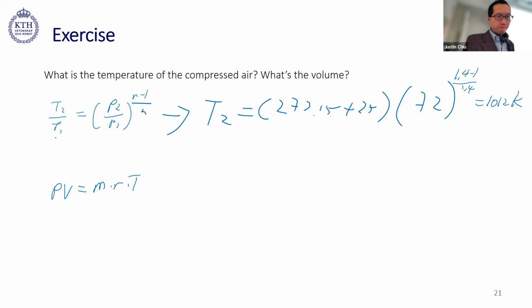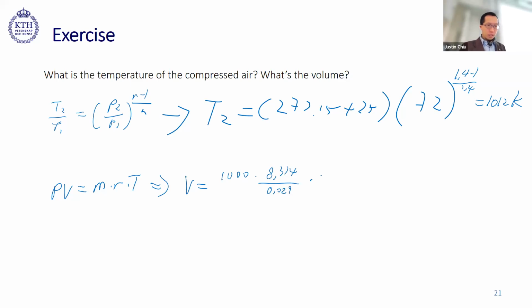So this one is for the temperature, the other one is for the volume. For the volume, we just put pressure to the other side. We know it's 1,000 kilogram. We know the small r, I think it's 287, right? Or we can recalculate it if you want. So small r is 8.314 divided by 0.029.